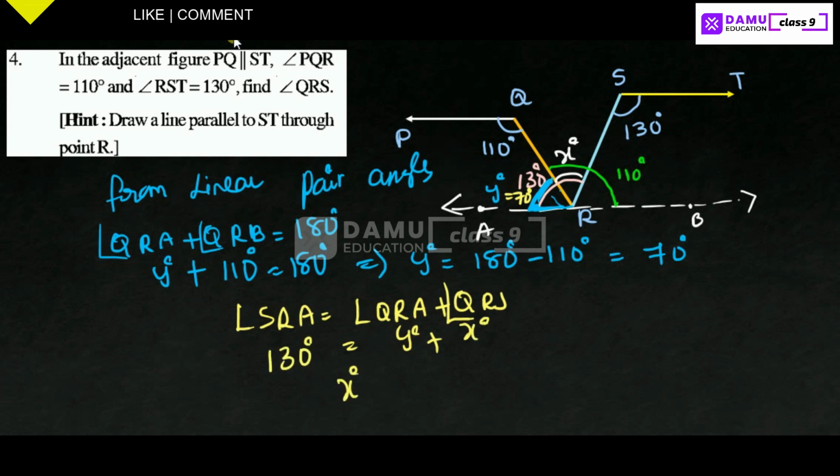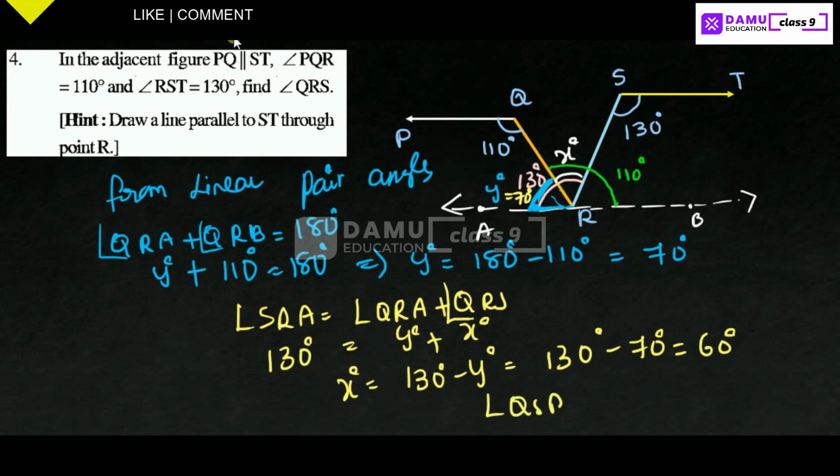So x degrees will be equal to 130 minus y degrees, that is 130 minus 70, which is 60 degrees. So angle QRS will be equal to 60 degrees. Like this also we can find the value.